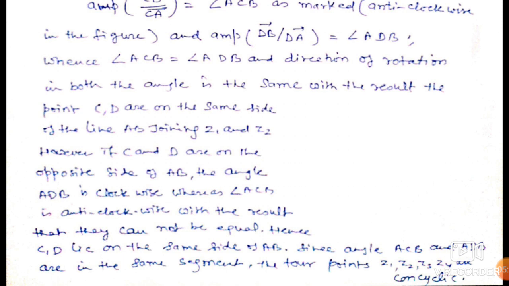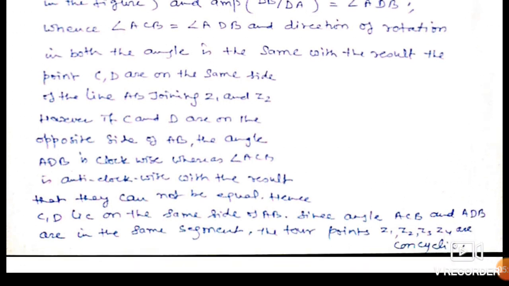Whence angle ACB equal to angle ADB and direction of rotation in both the angles is the same, with the result the points C, D are on the same side of the line AB joining Z1 and Z2.